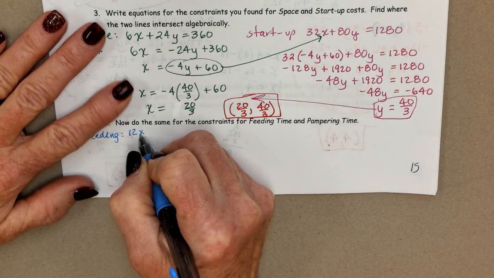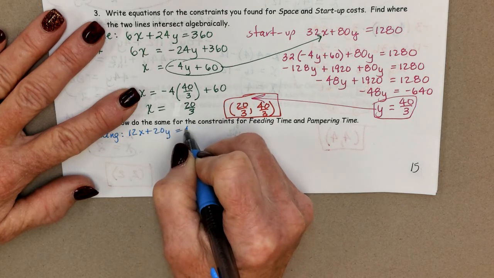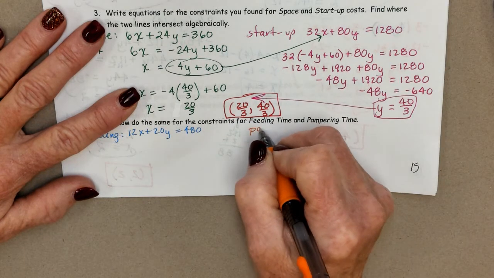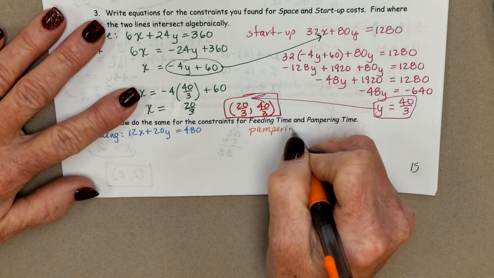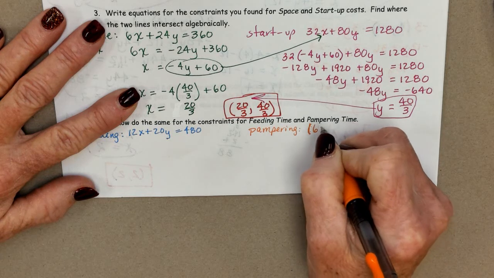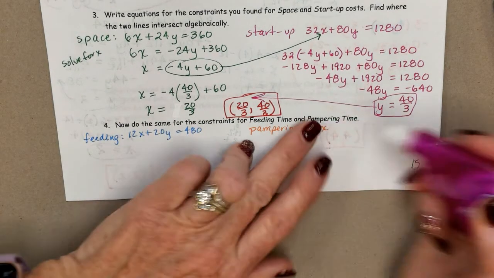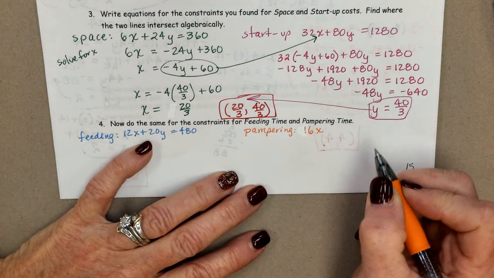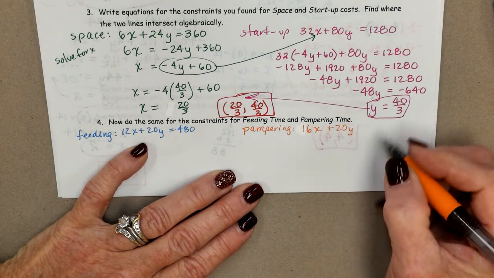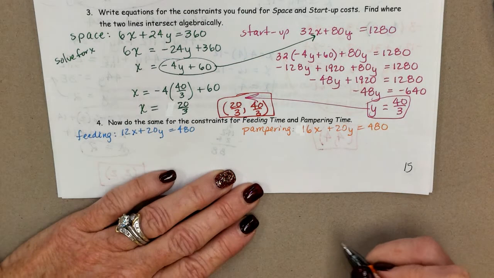That is 12x plus 20y equals 480. Pampering is 16x plus 20y equals 480.